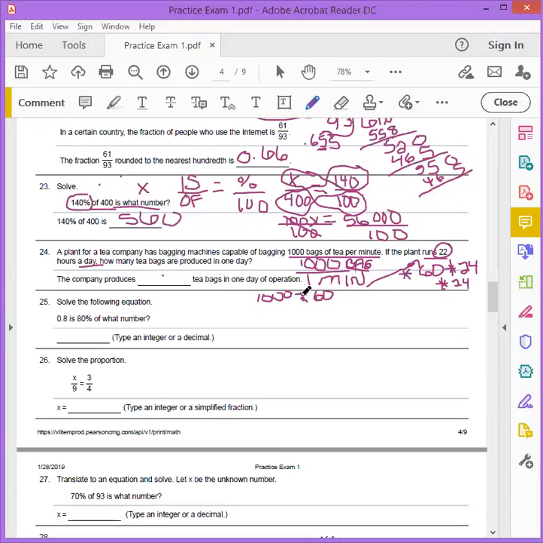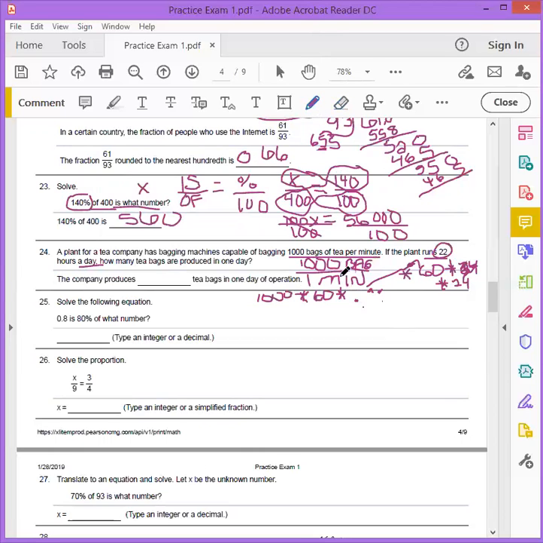Because we said 1,000 bags per minute, there are 60 minutes in an hour, so this would get us bags per hour. And now we actually just need to multiply by 22. So we don't need this extra 24 in here. We were multiplying those 22 hours in a day. Let me erase that number, sorry guys.